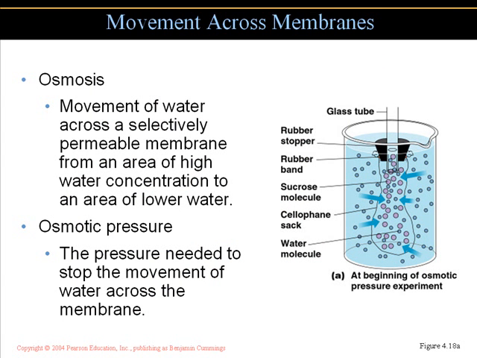Osmosis, as we already described, is the movement of water across a selectively permeable membrane from an area of high concentration to an area of low concentration. Osmotic pressure is the pressure needed to stop the movement of water across the membrane.